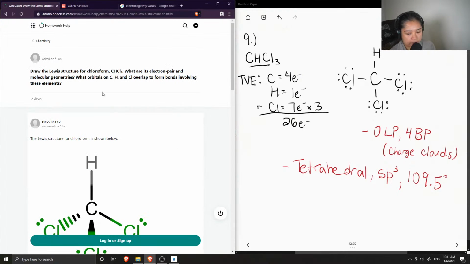So the next part of the question asks, what orbitals on carbon, hydrogen, and chlorine overlap to form bonds involving these elements?